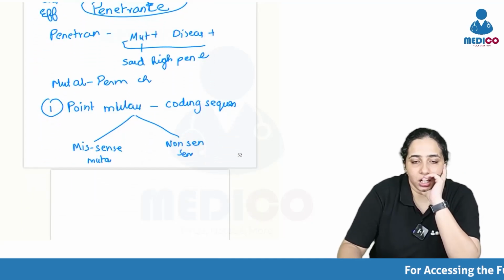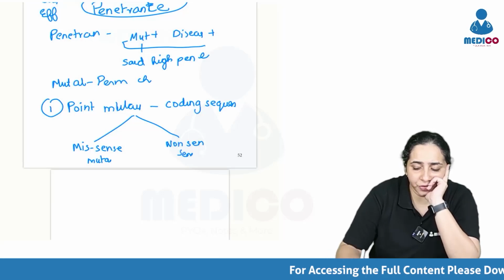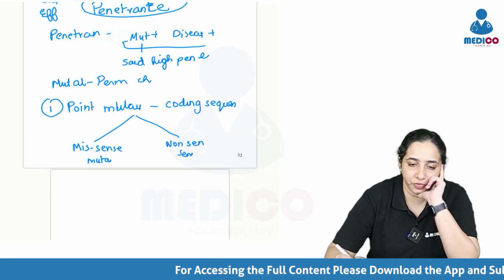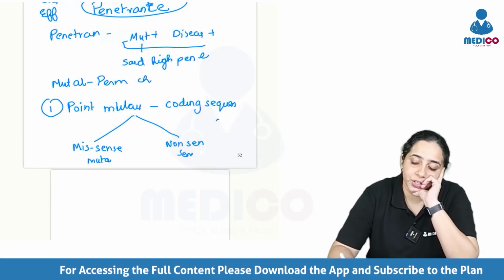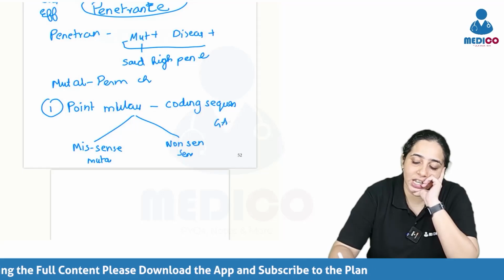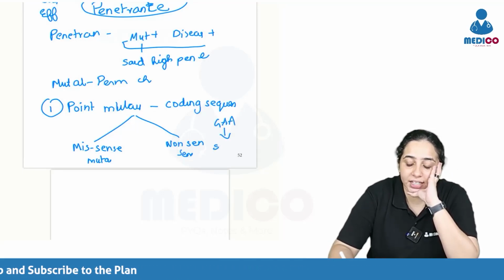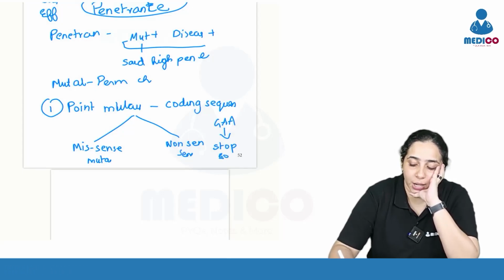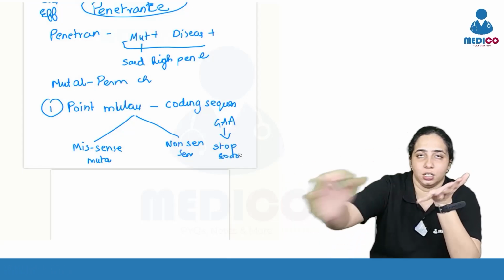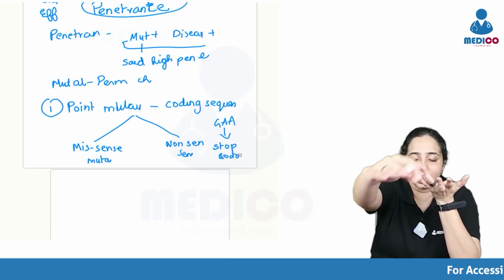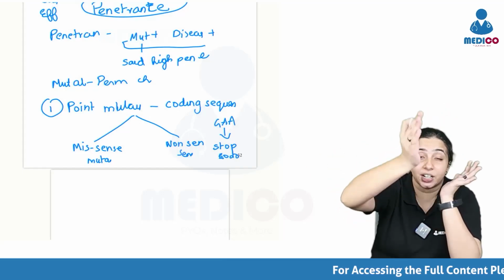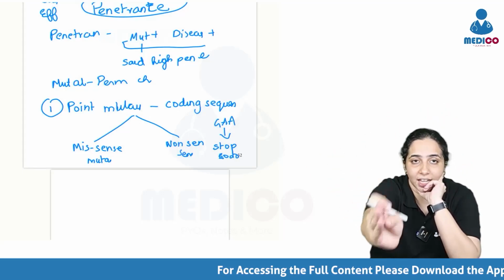So, we'll deal with nonsense mutation first. Suppose a mutation happens in a sequence like GAGG, whatever it may be, and as a result of the mutation, a stop codon comes, that is, the translation stops at that point.